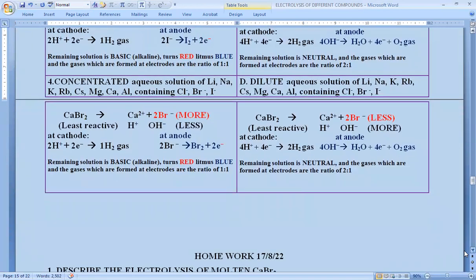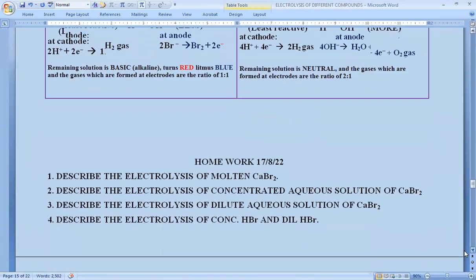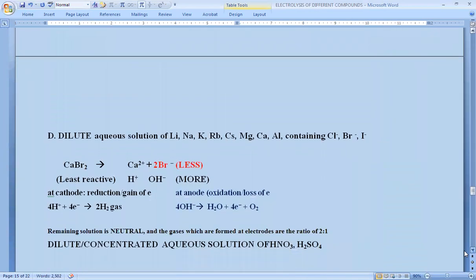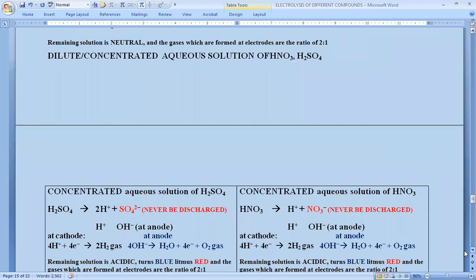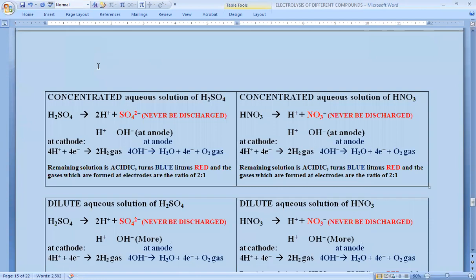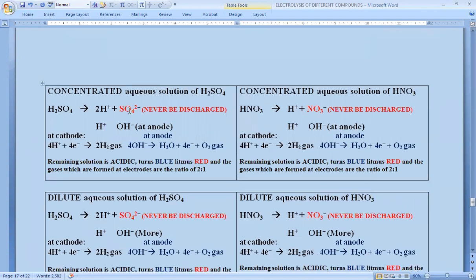If concentrated aqueous solutions of acids are there, what happens? Concentrated aqueous solution of sulfuric acid, concentrated aqueous solution of nitric acid are there in the solutions. So sulfate and nitrate cannot be discharged at the anode at all.